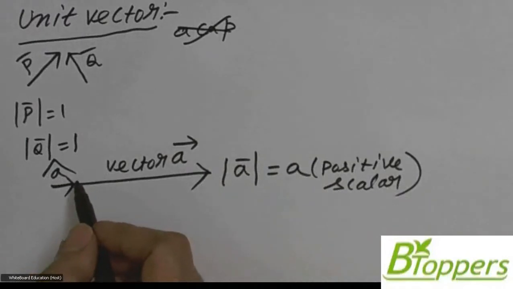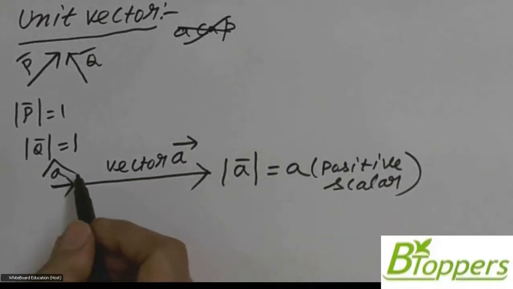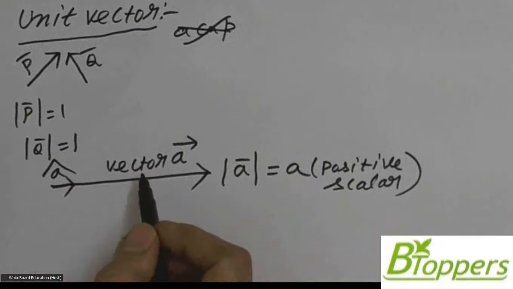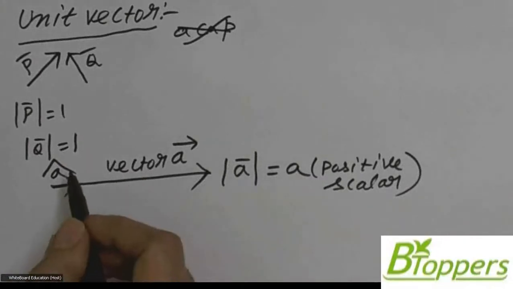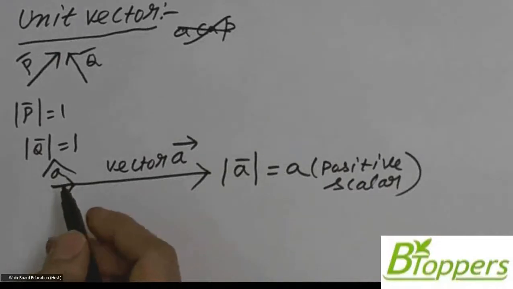You can answer like this: if A bar is a vector, then A cap represents another vector. The direction of vector A cap is the same as the direction of vector A bar, but the magnitude of vector A cap is equal to 1 unit.